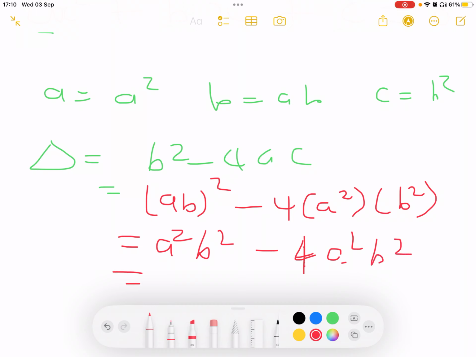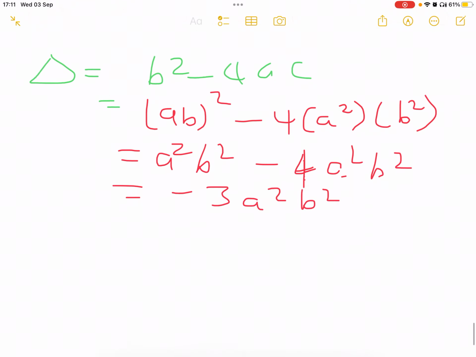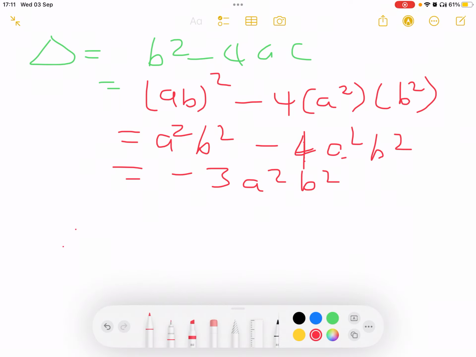So if we have a squared b squared being subtracted by 4 a squared b squared, you're going to get negative 3a squared b squared. That means the discriminant is a negative value. So therefore the discriminant is less than 0. What is the value of the discriminant? It's negative 3a squared b squared, of which it is true that it's less than 0.